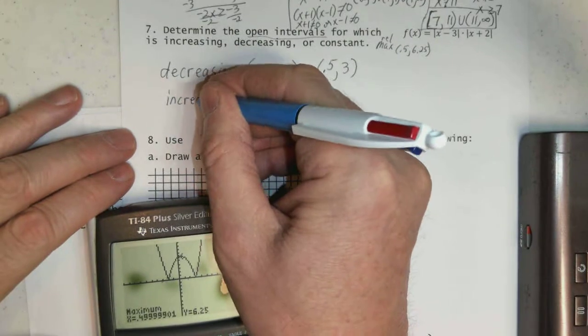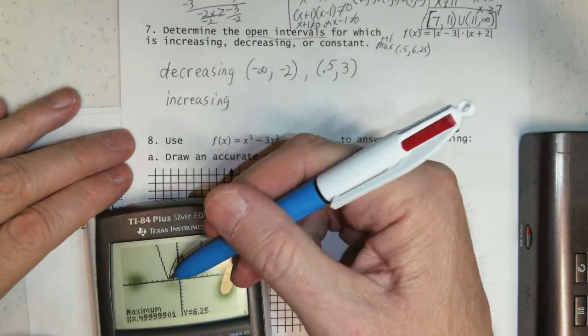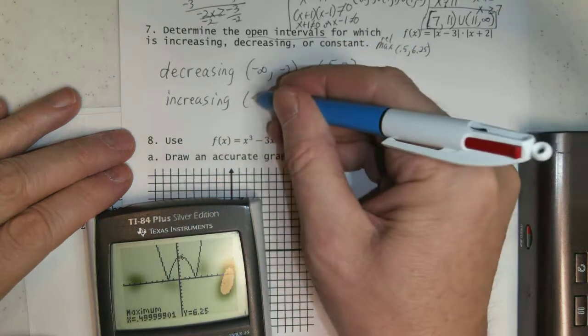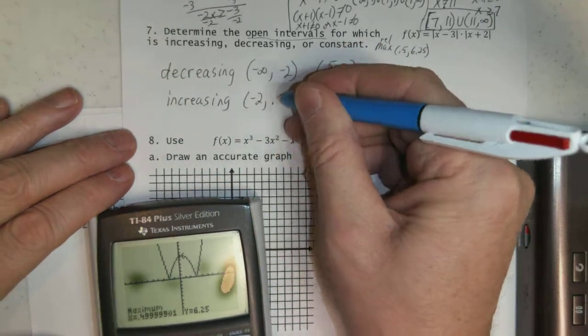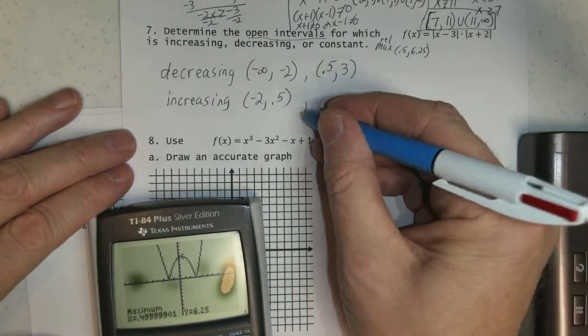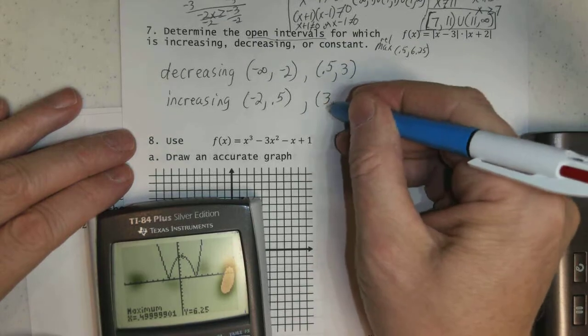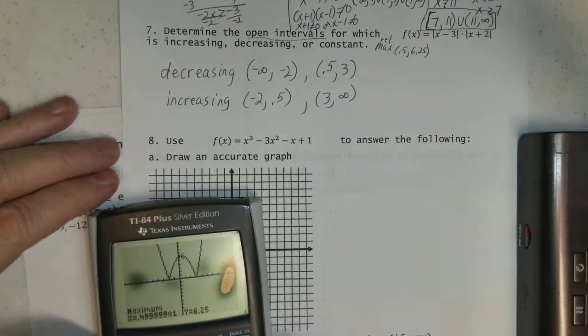Increasing. Let's go from negative 2 to 0.5. And then from 3 to infinity.